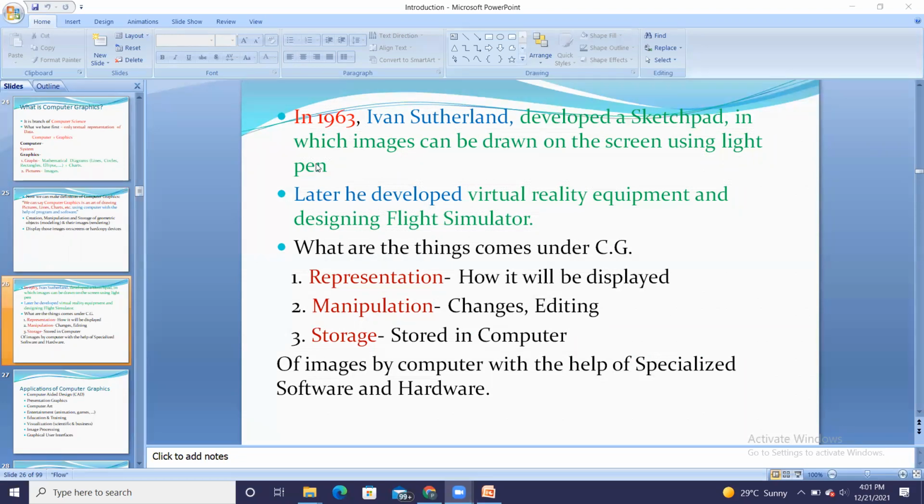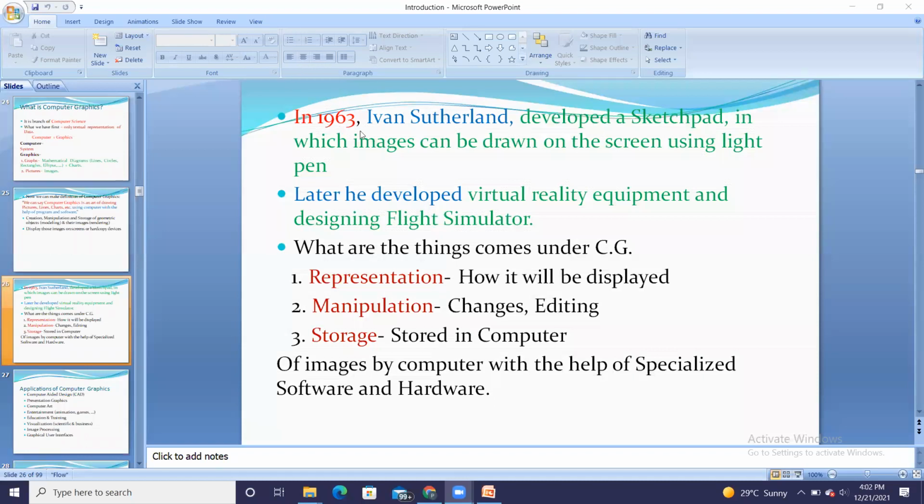Where did graphics start from? In 1963, Ivan Sutherland developed the Sketchpad, and using the Sketchpad, images can be drawn on the screen using a light pen.